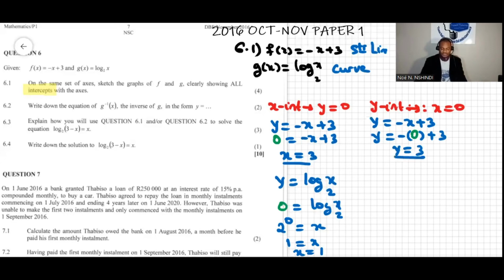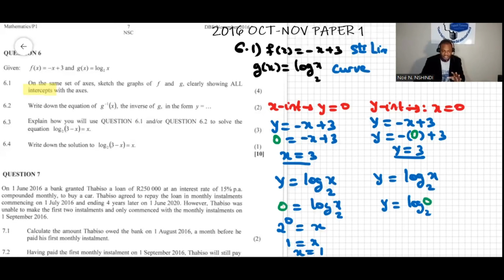Got the y-intercept. For the log, y equals log of x base 2, so y equals log of 0.